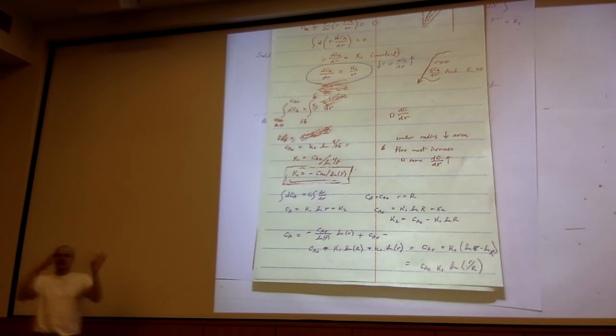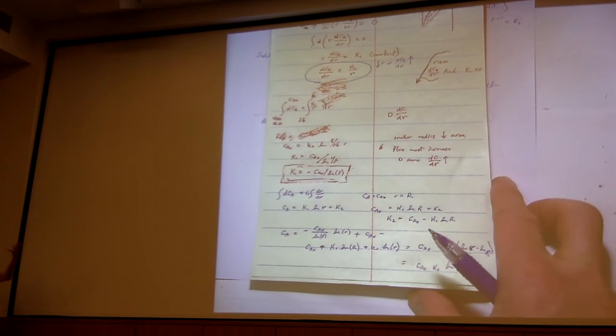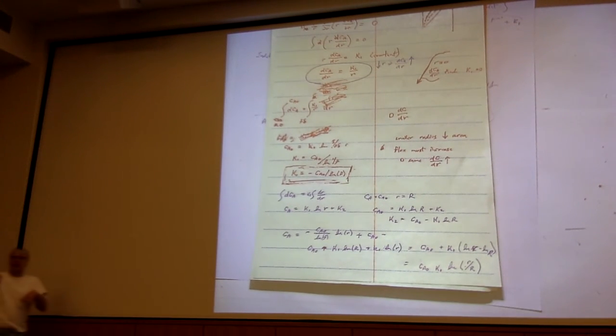And it makes sense, right? Logarithm is somewhere between 1 over R and independent.